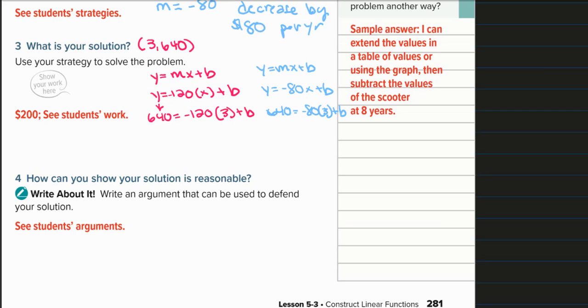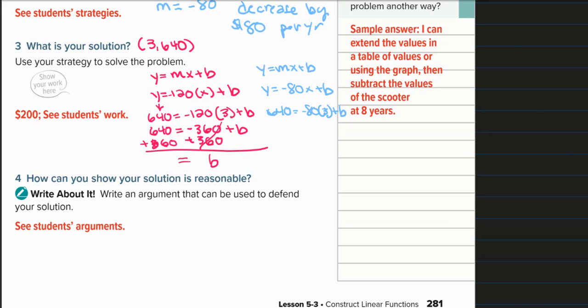So I'm going to go back to my jet. So we have 120 times 3. Use your handy dandy calculators. 120 times 3. Don't forget it's a negative. So that's going to equal negative 360 plus b. Rewrite everything else. If we have a negative, we're going to add 360 to both sides. When we do that, these cancel. We end up with a b.